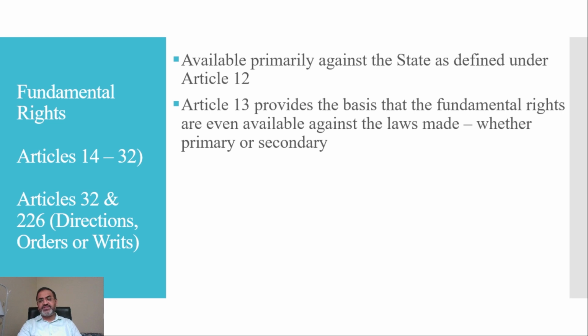It says that if there is a law that is contrary to or in violation of the fundamental rights provided in the Constitution, then in that case the law is void. Okay. Now this is one very important provision which, when read along with Article 226 and Article 32 of the Constitution of India, gives High Courts and the Supreme Court the power of judicial review of legislation.